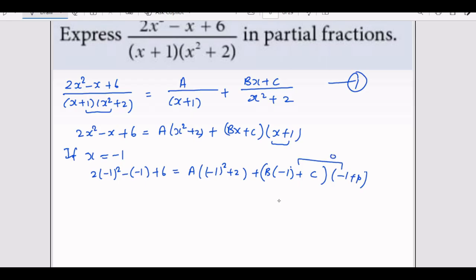So this is 2 plus 1 is 3, plus 6 is 9, equals 3a. So from here we got a equals 3, right?